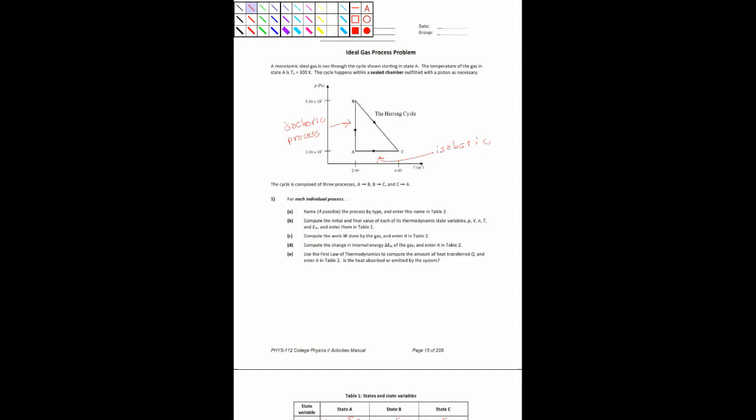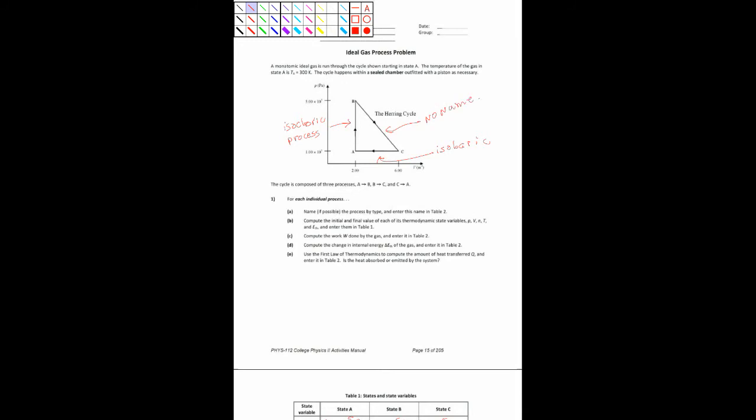As we move from B to C, it's not really an isothermal process, because for an isothermal process we keep temperature constant, and the kind of curve that we follow to go from state to state is a hyperbola, where here we just have a straight line. So this part of the process doesn't have a name, so we'll just call it no name.